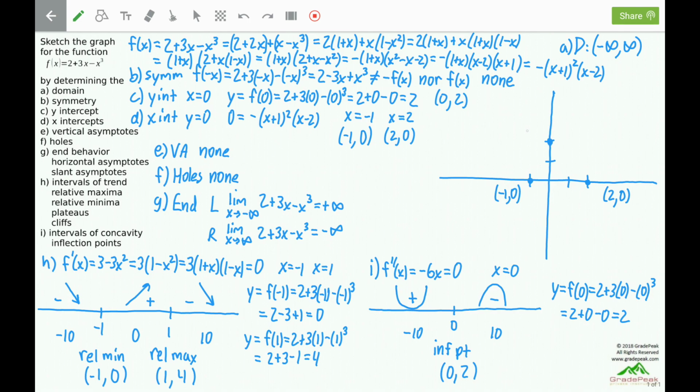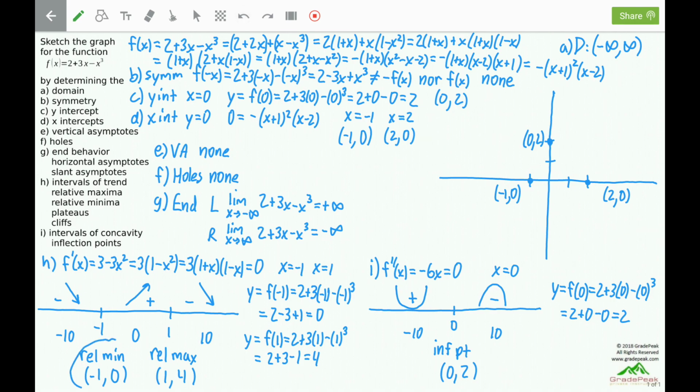And we have this one as 0, 2. We have left end behavior that will be positive infinity. That means it'll go up here on the left end. And right end behavior of negative infinity. That means it'll go down here on the right end. We'll be sure the graph follows that.